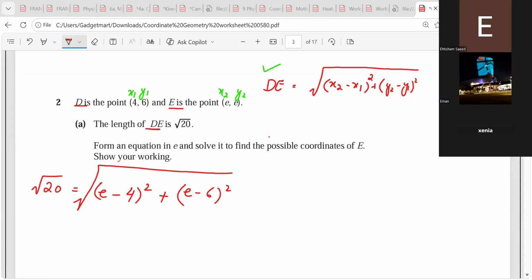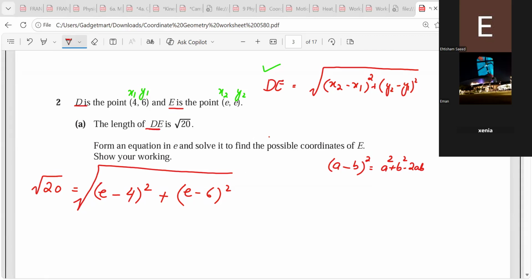Is this point clear? So now, for example, e minus 4, so a minus b square equal to a square plus b square minus 2ab. This is the formula we have already learned.